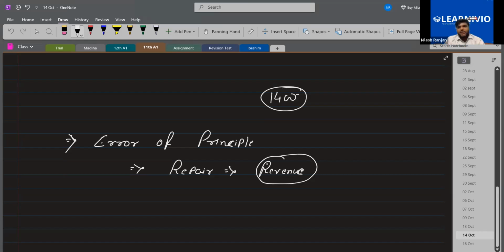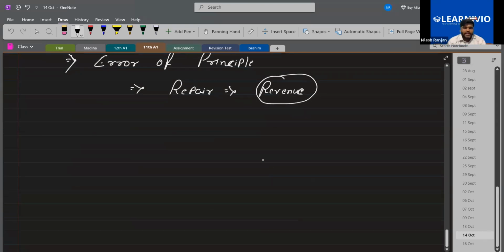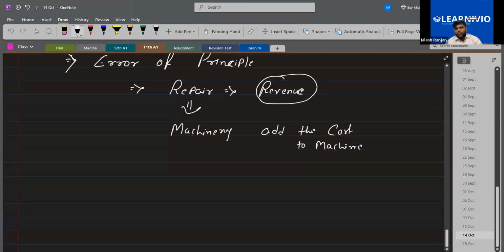But sometimes some person who doesn't have proper knowledge of accounting, if this repair is related to any machinery, then they add the cost to the machine account. It is not correct. Think about it. I'm not talking about any accounting purpose. Let's say you have a car and that cost you 15 lakh.